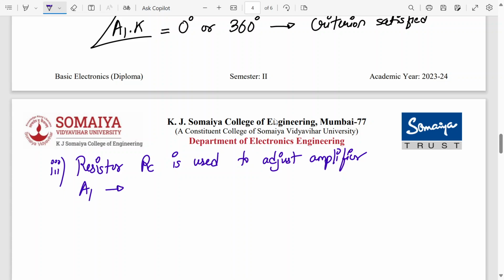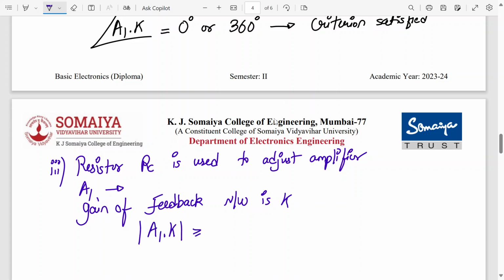Okay, and what is the gain of the feedback network? The gain of the feedback network is K.